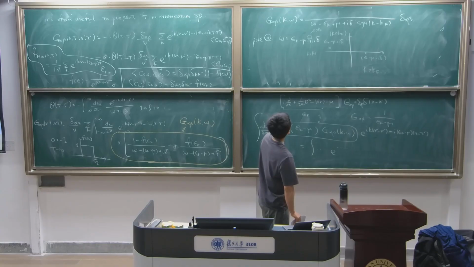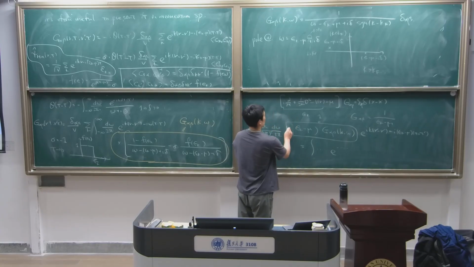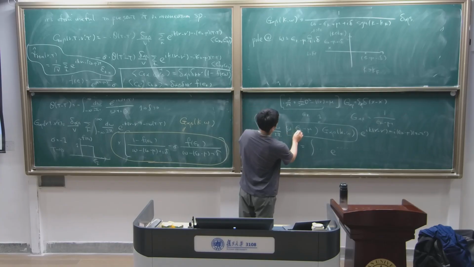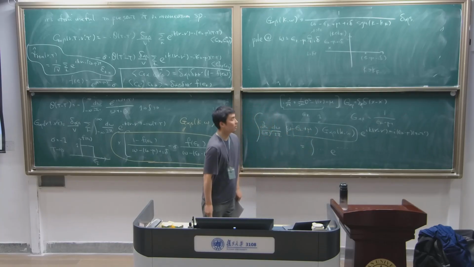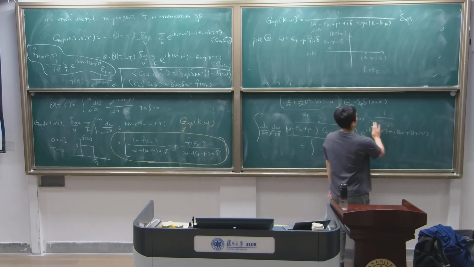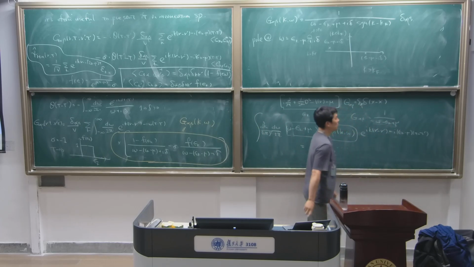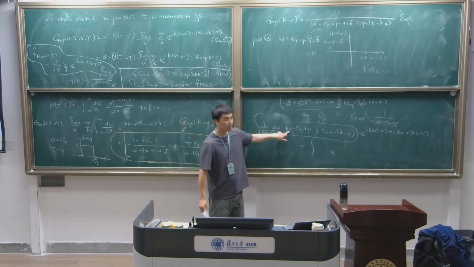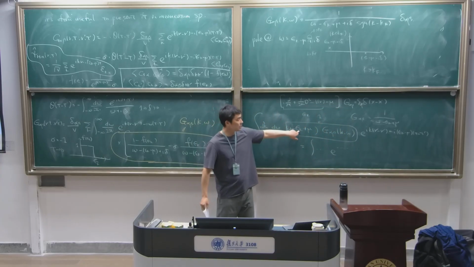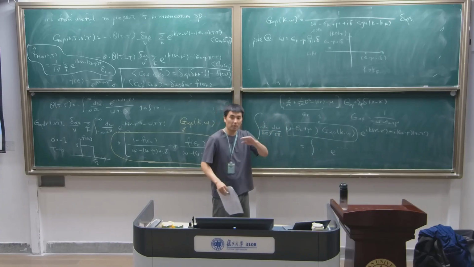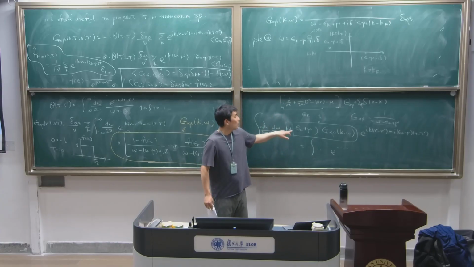Sorry, I somehow missed omega. I should put the omega here. So omega comes from t, and epsilon k is essentially k squared divided by 2m.